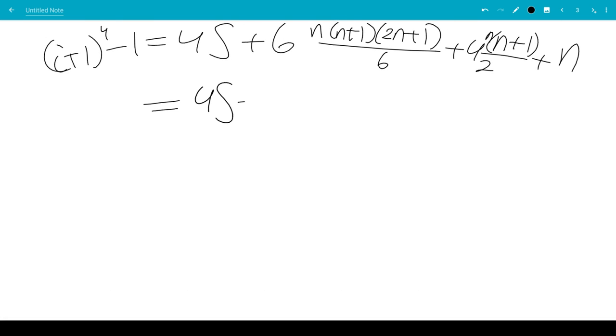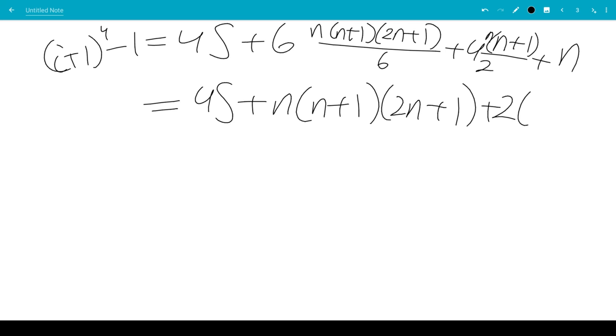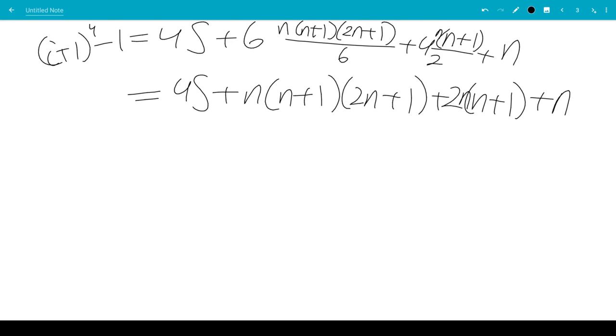This will be 4S plus (n+1)(2n+1), plus 2 times (n+1) times n, plus n.